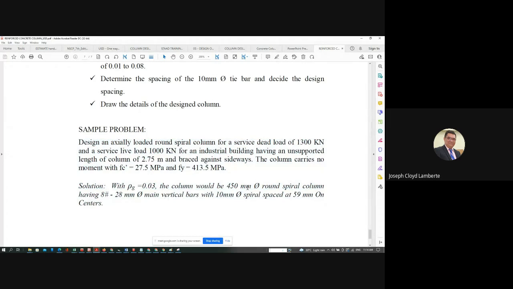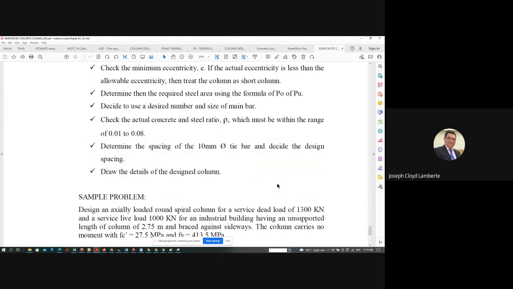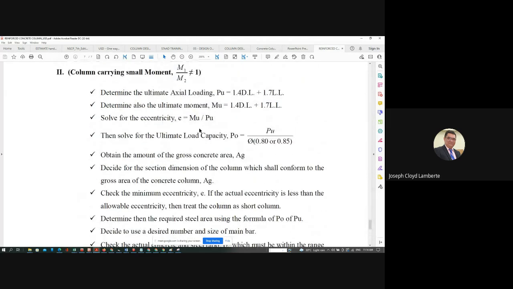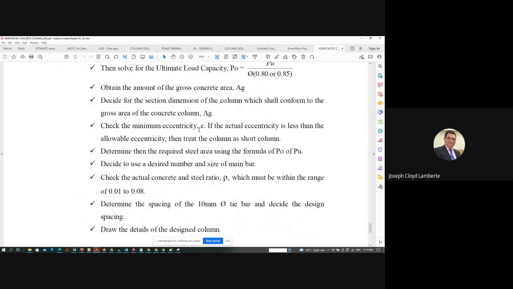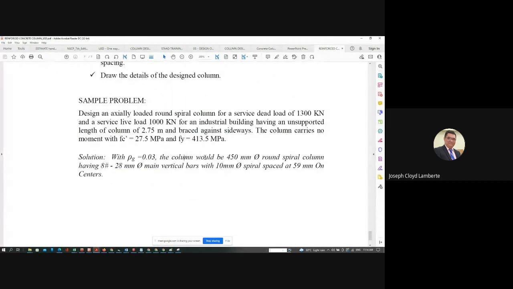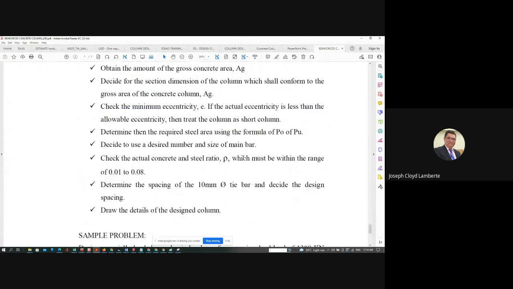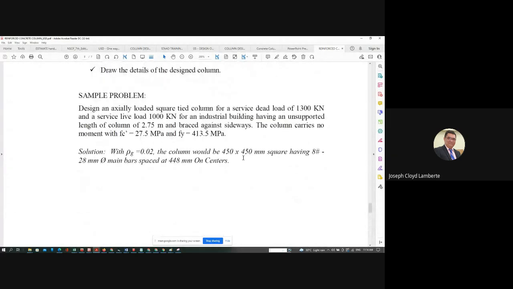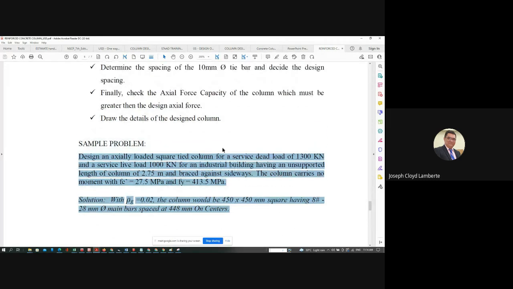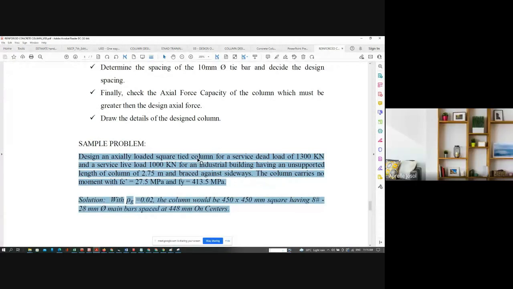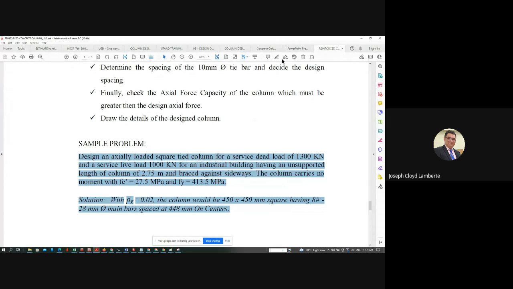All you need to do is to obtain the calculation based on our method, our steps. Do you have what you need, class? So these are your two problems for column design, for short column. Two problems. Got it, class? Yes, sir. Okay. Thank you.